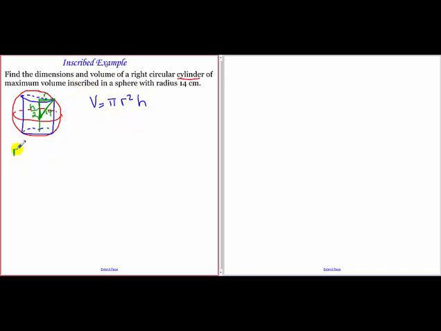I know that r squared plus h squared over 4 equals 14 squared, which is 196. So since I have an r squared in this volume equation, I'm going to solve for r squared in this other equation.